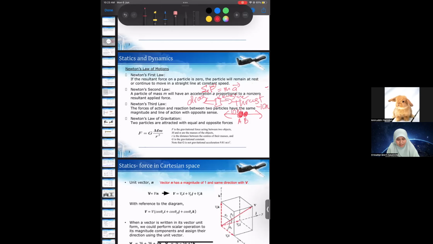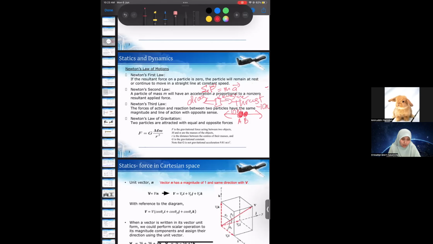Due to the force exerted on the engine, we produce thrust in order for the aircraft to propel. So the aircraft engine follows Newton's third law. That is an example of the application of Newton's third law.